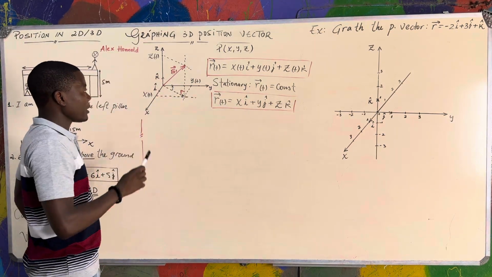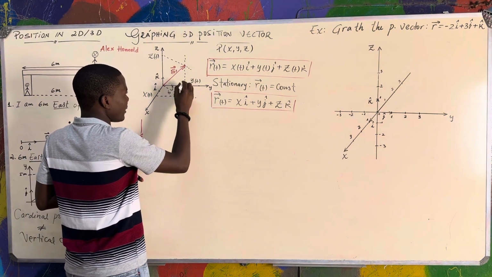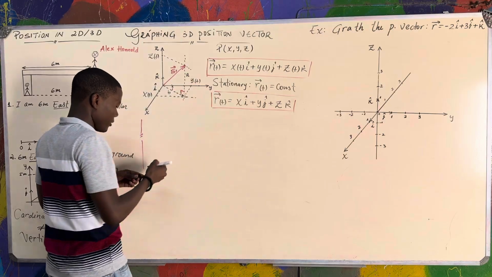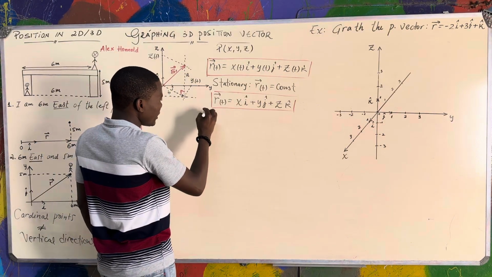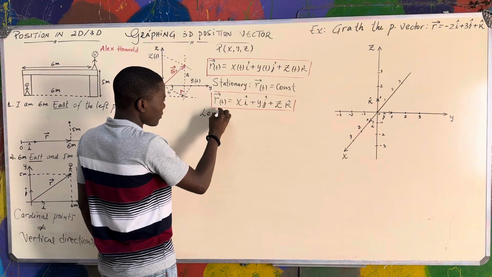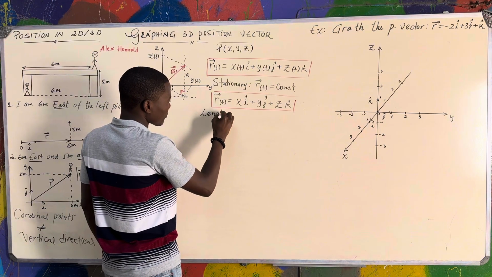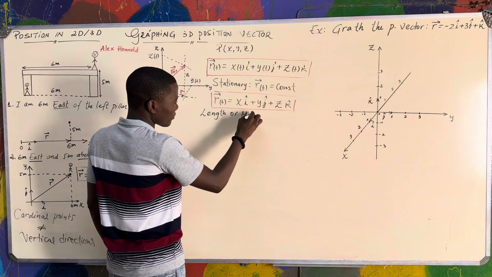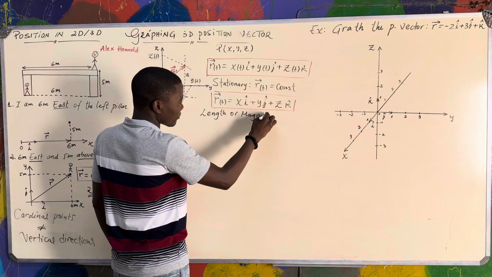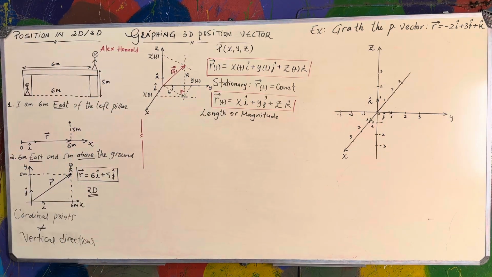Before that, we label this base as B and the height is A. Now we need the length, or magnitude, of this position vector.